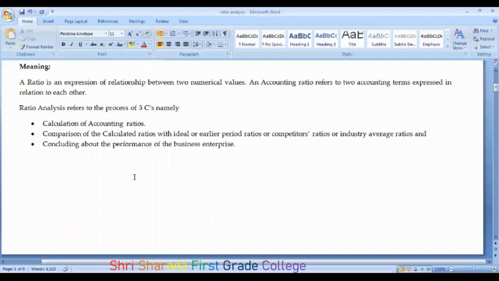For that reason, ratio analysis is used. A particular field and its improvement can be worked out with the help of ratio analysis.